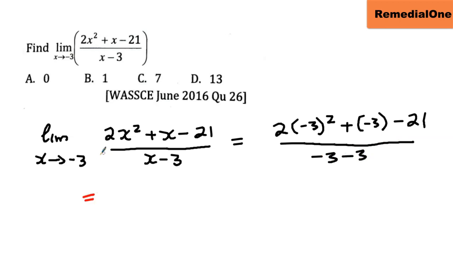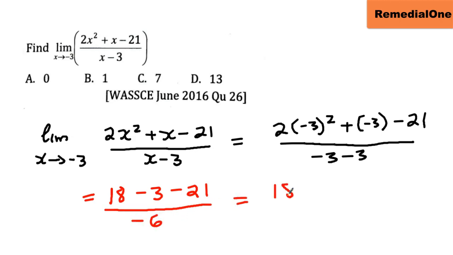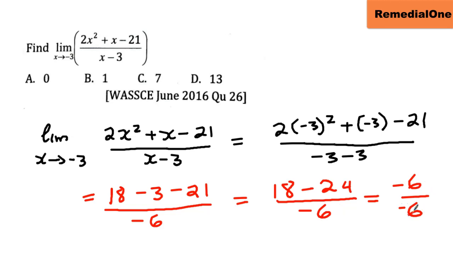And that gives me, this here is going to be +9 and 18, and then -3 minus 21, all divided by -6. 18 minus 3 minus 21, we put it together, so -6, then -6 over -6, and that gives you 1.